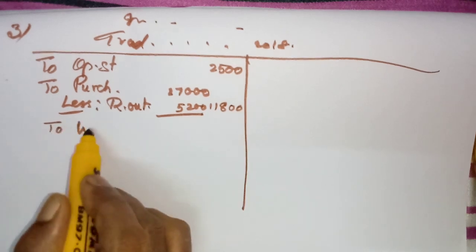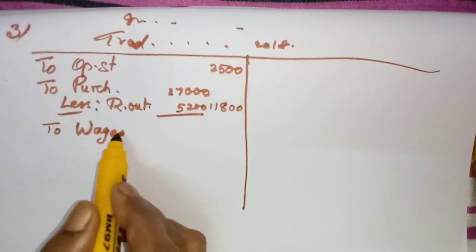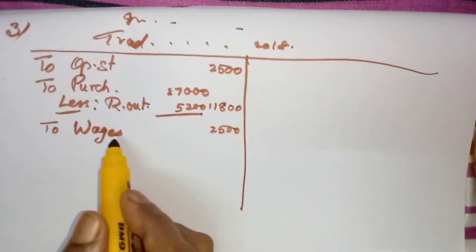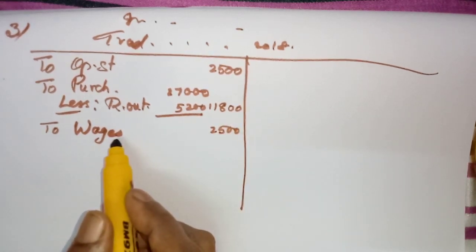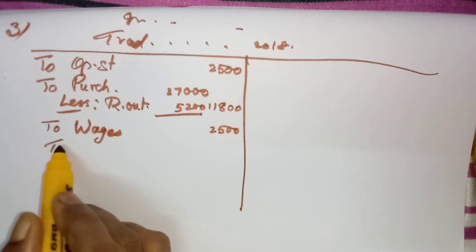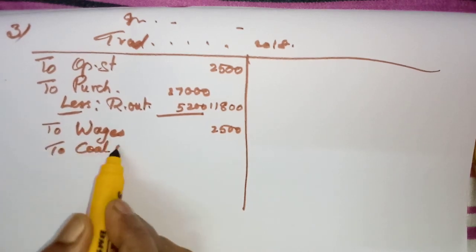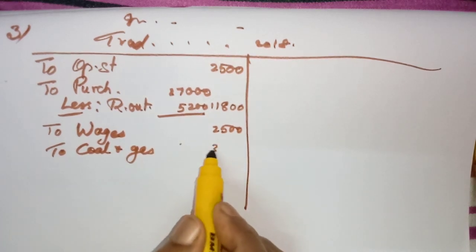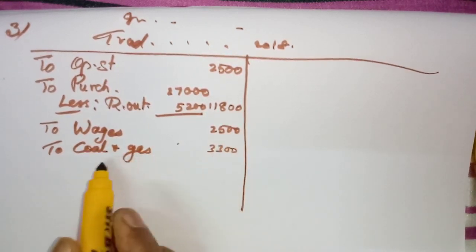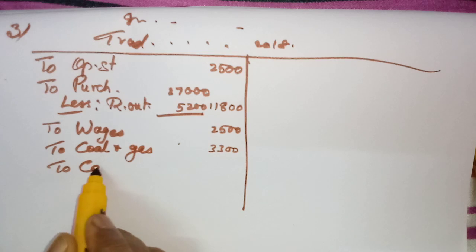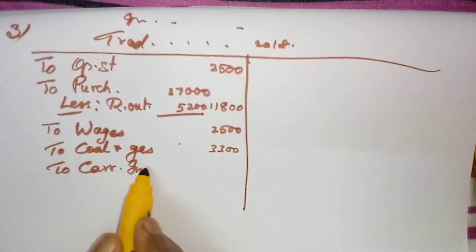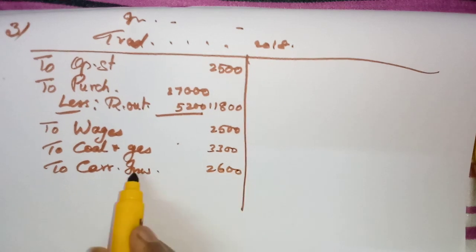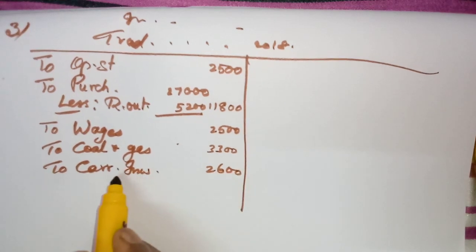Wages are given, isn't it? So first you write wages 2,500. Then return outward we have written. Then coal and gas, we have studied, isn't it? Coal and gas are direct expenses, 3,300. Then carriage inward 2,600. Okay, all the expenses we have written.